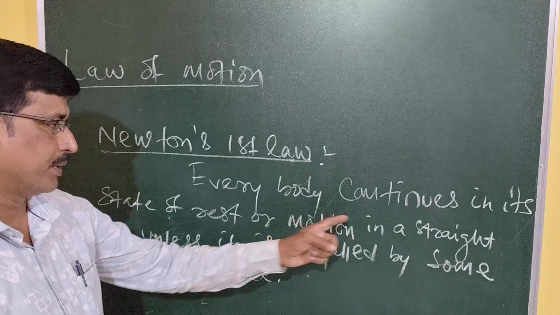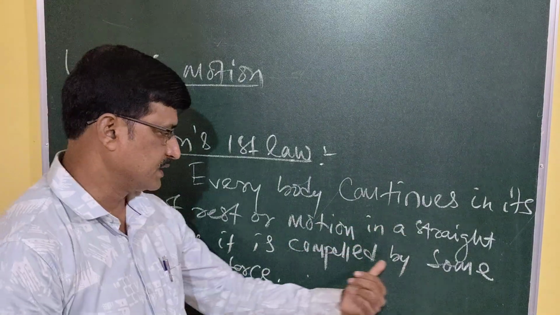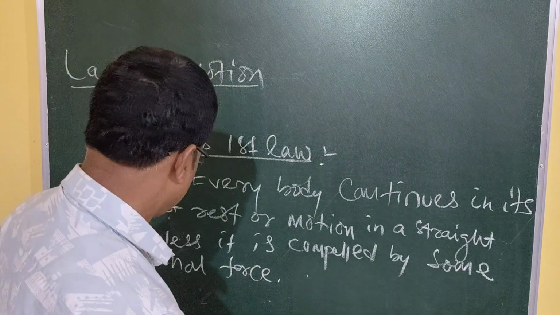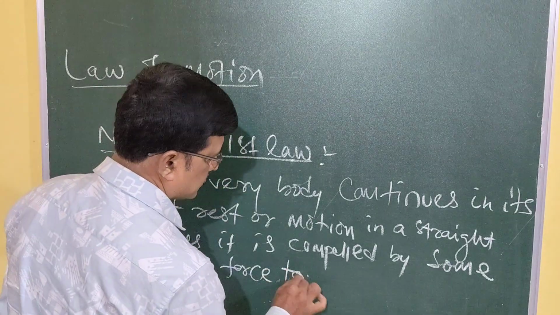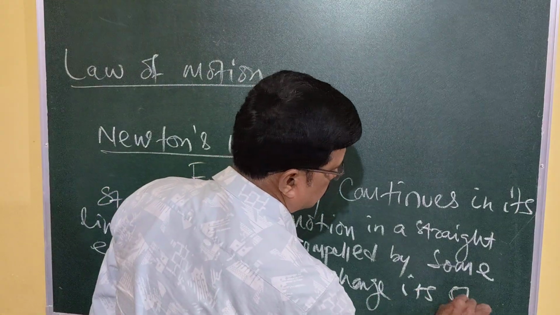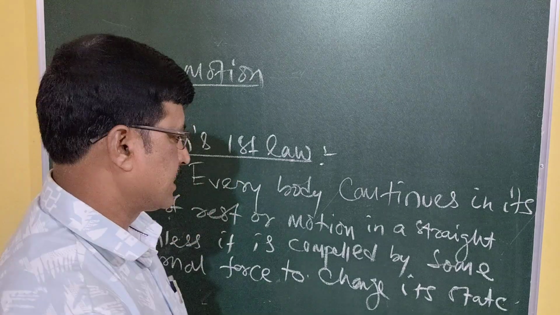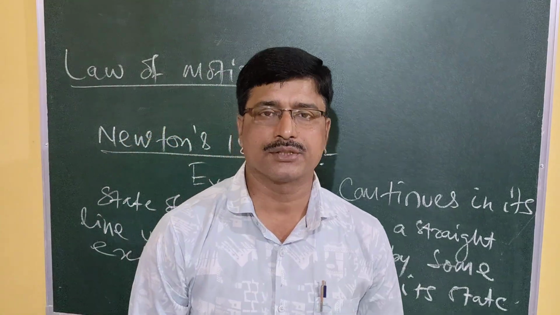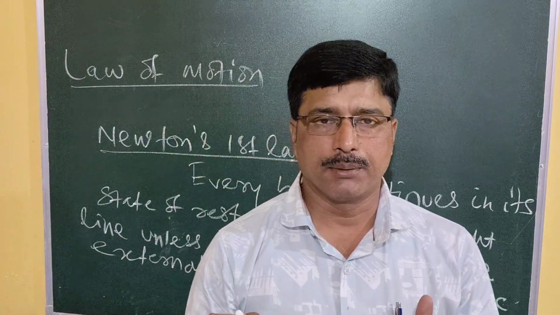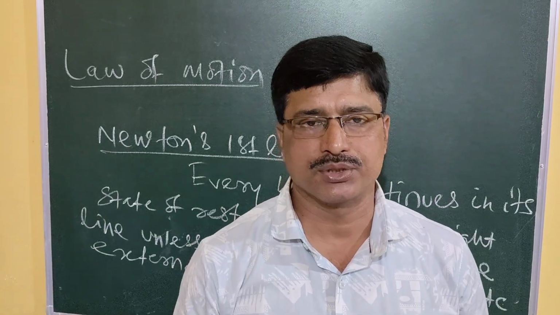Everybody continues in a state of rest or motion in a straight line unless it is compelled by some external force to change its state. That means till we are not applying some force on a body, if it is at rest, it keeps itself at rest.